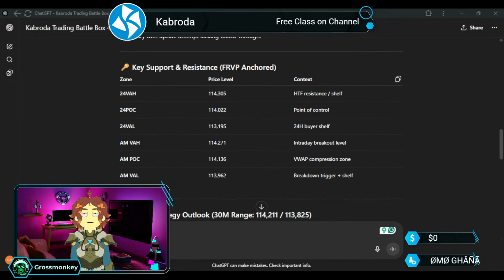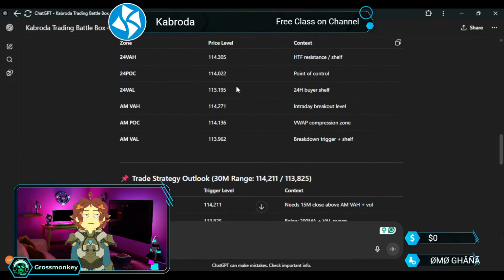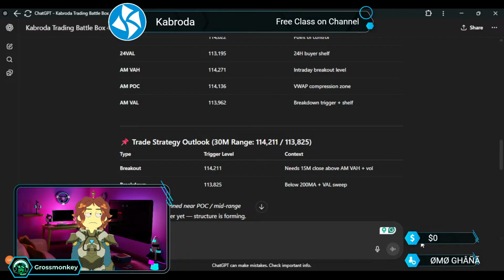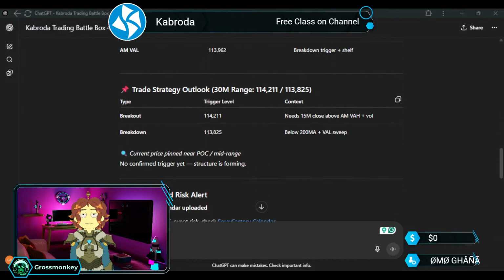You got these key support and resistance levels, which you can see right here. We already got all these straight from getting the FRVP things down here, so no big rush on those.